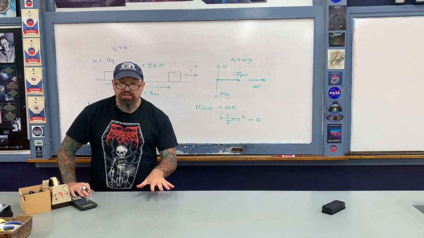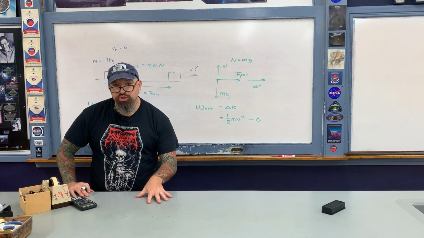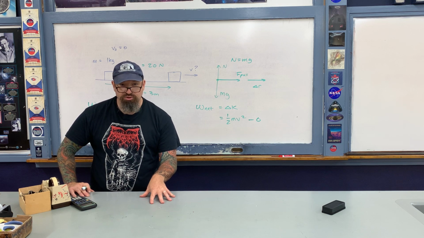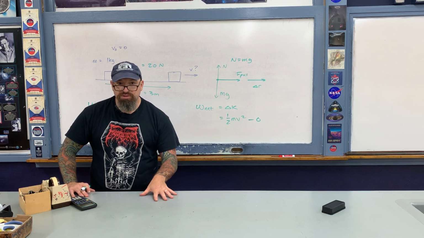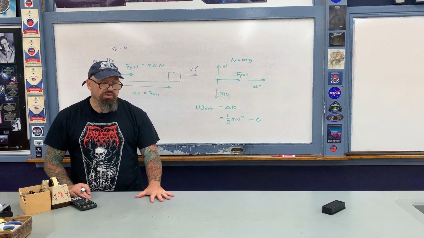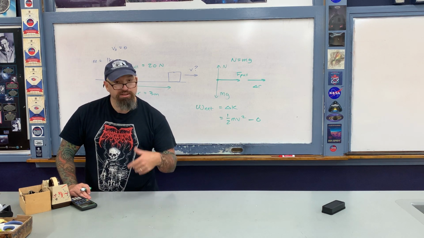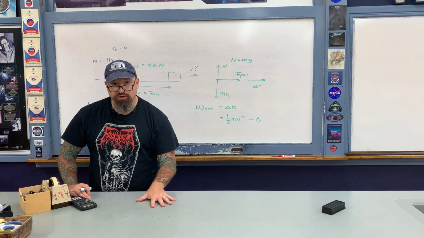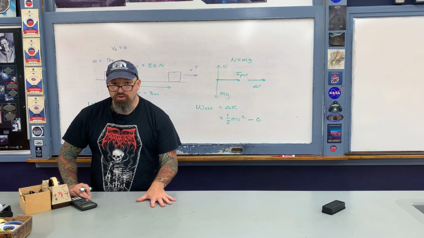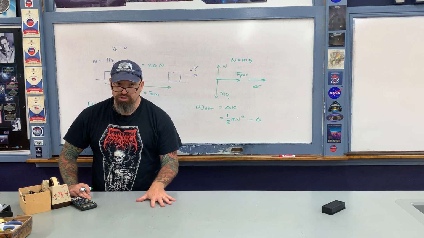What this means is that the surface itself does not transfer energy to or remove energy from the object. If the work done by a force is equal to 0, that force does not transfer energy. Recall that the role of work, the reason why we define it, is to transfer energy. It's a mathematical representation of it. Therefore, if no work is done by a force, no energy is transferred.